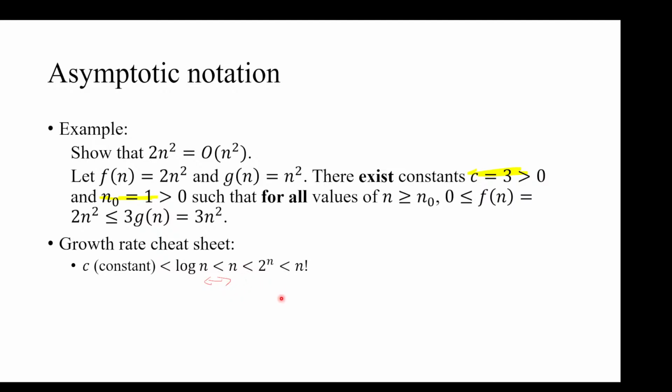What I mean by the gap being big is that even if you put some polynomial of log n, it is still going to be less than n, and any polynomial of n is going to be less than 2 to the n.